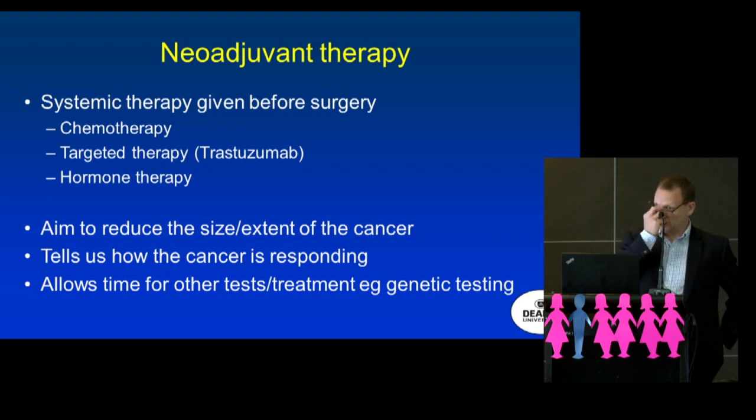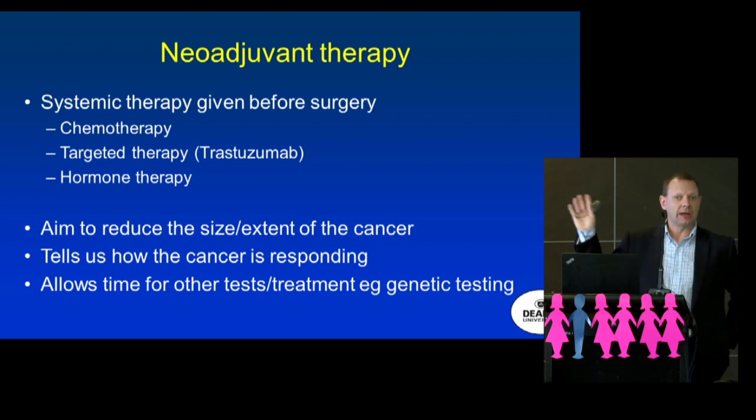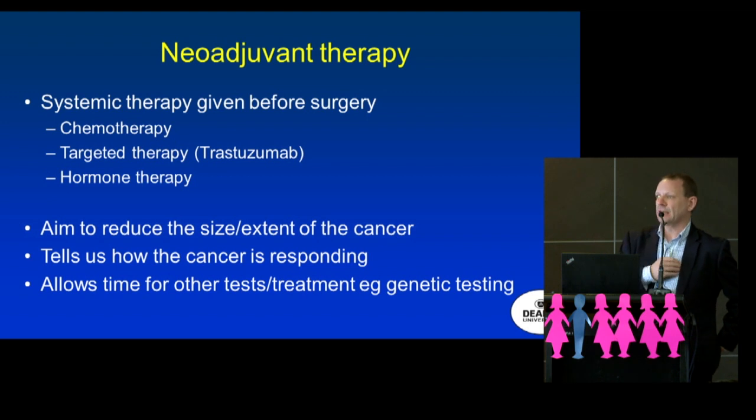Sometimes we change it around and we give what's called neoadjuvant therapy. So as I said, breast cancer surgery has been around for 3,000 or 4,000 years. So in the last couple of years in particular, we've changed it around just to keep the surgeons on their toes. Sometimes we'll give the adjuvant therapy up front.